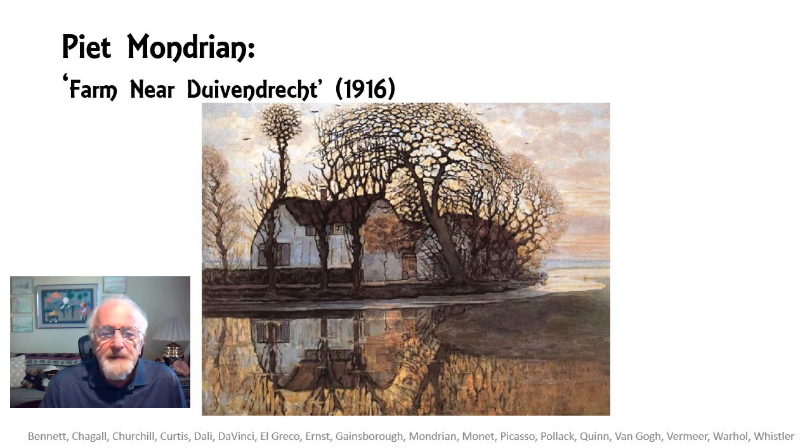The painting simultaneously hints at the artist's growing interest in the flattening of forms and the linear structures of his later fully abstract paintings. Though Mondrian is best known for his non-representational paintings, his basic vision was rooted in landscape.